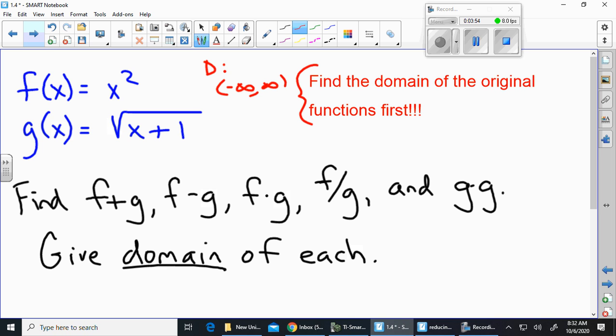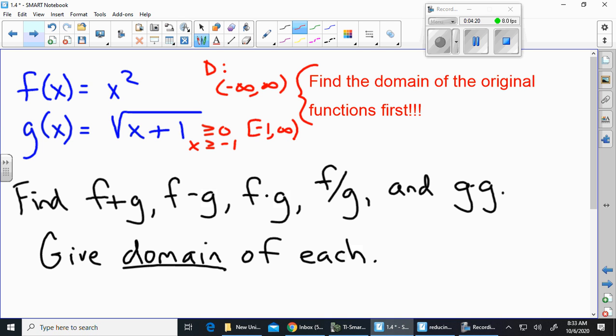Its domain is negative infinity to infinity. g of x is a square root. Well, I know with domain, a radical has to be greater than or equal to 0, which would mean x would have to be greater than or equal to negative 1, which means its domain is negative 1 to infinity.